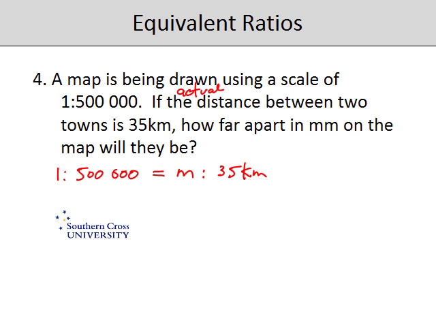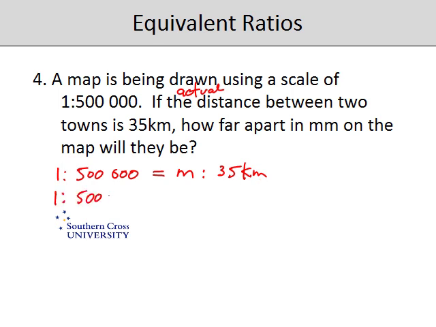Now, we can go about this a number of ways. Because we want the answer in millimetres for the map distance, let's convert this 35 kilometres right down to millimetres.